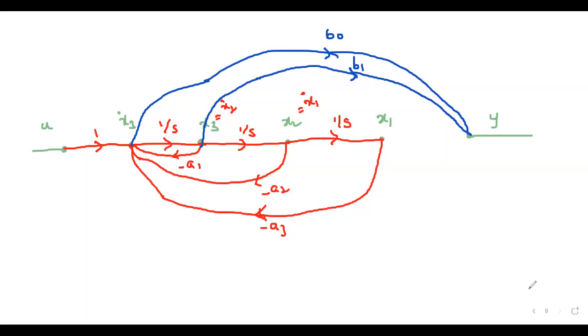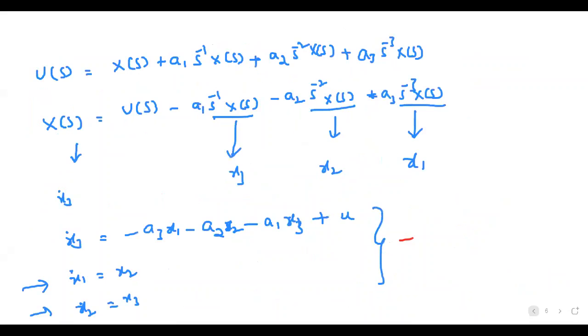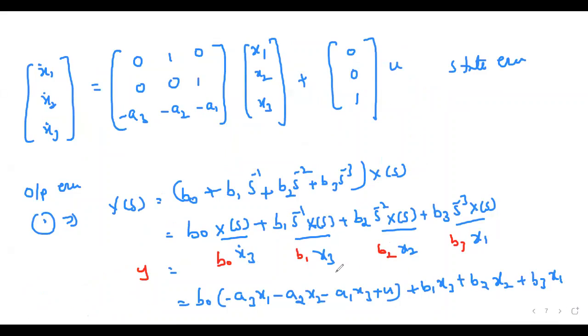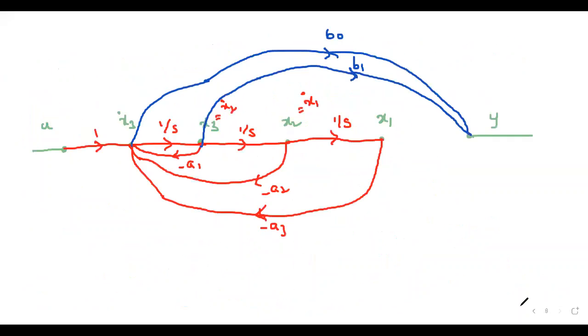Then from x2, b2. Next from x1, b3. So b naught, b1, b2, b3.